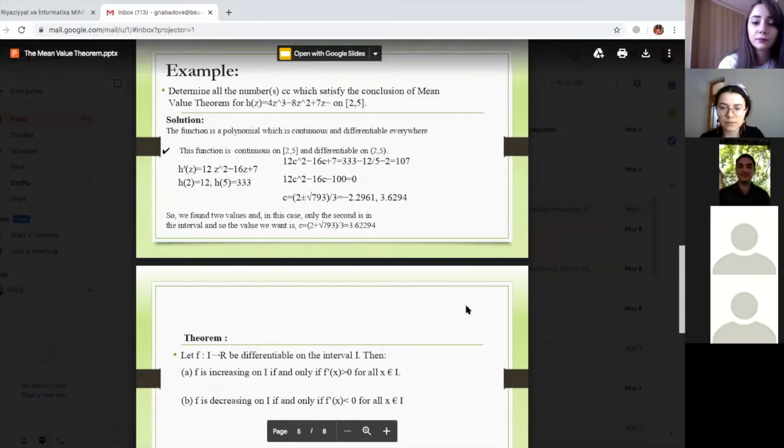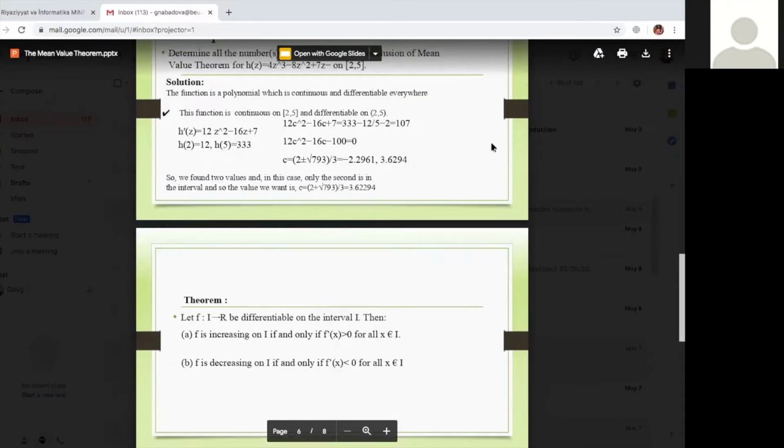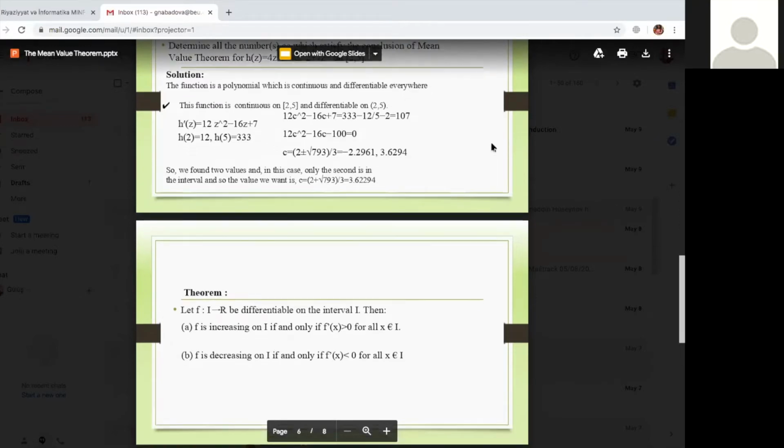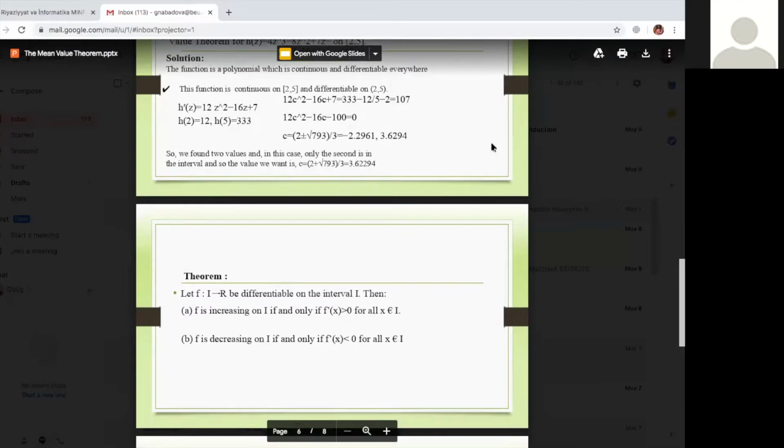If we solve this example, we find two values for c, but we take the second answer because our answer must be located in the interval (2, 5). At the end, we find our answer c equal to 2.6.